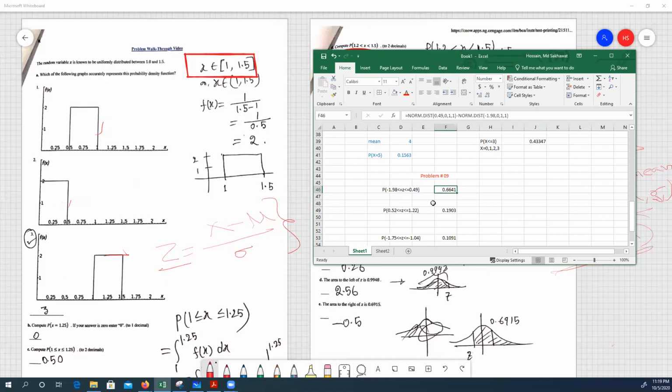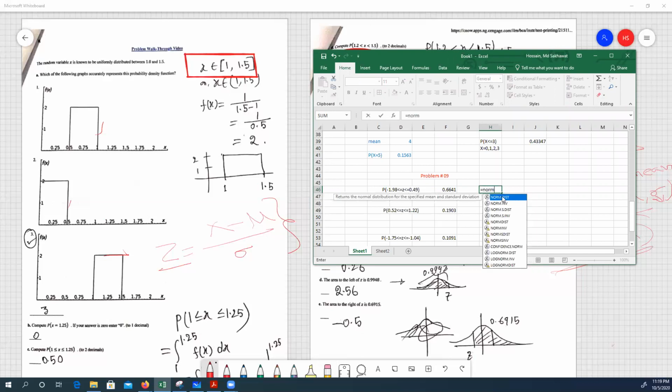Let me explain this one first. If you just write norm.dist of a number X, for example 0.49, comma, mean.